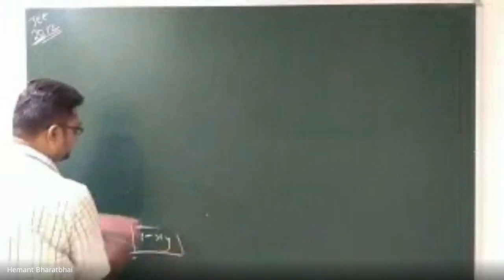This is the only chapter where the solutions are very short. Any numerical you catch, all the questions have very short solutions. But if we don't remember the formula, however much we practice, we will not be able to get the answer.